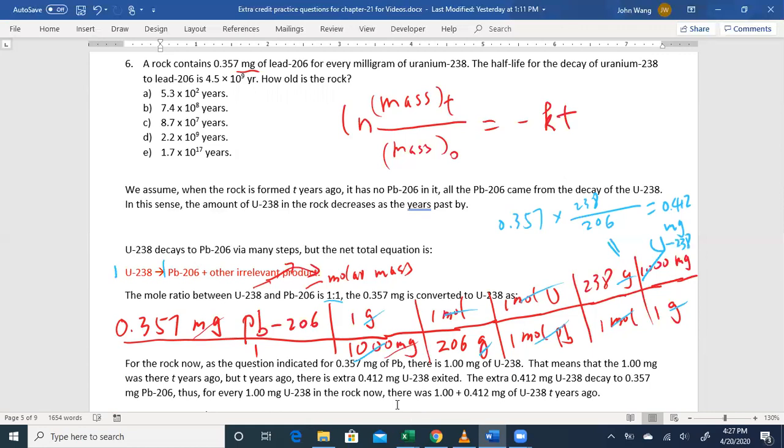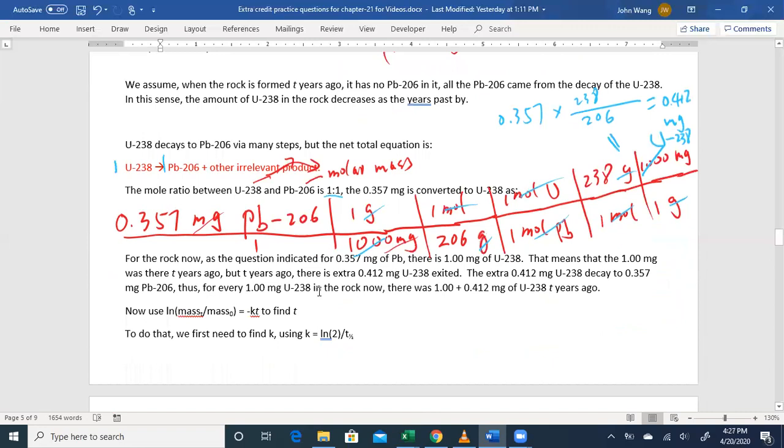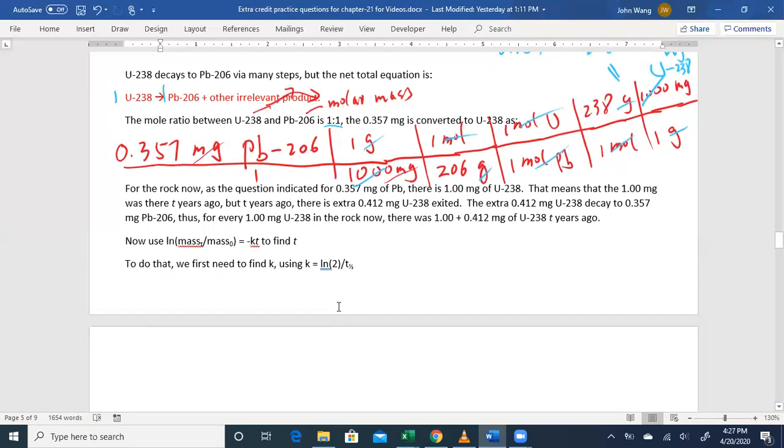All right. So now we say that a long time ago, t years ago, the rock had more uranium. How much more?